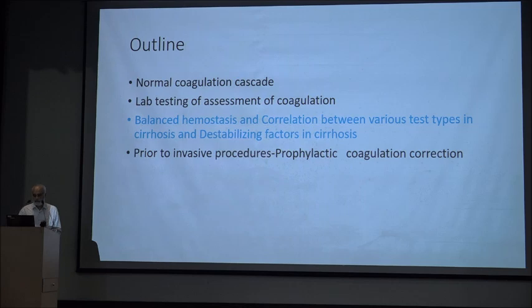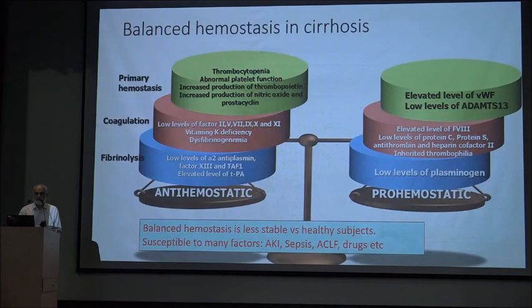Now let us see how the hemostasis is balanced. So we can see that hemostasis is balanced in cirrhosis. For example, in primary hemostasis, anti-hemostatic factors are thrombocytopenia, abnormal platelet function, induced production of thromboxane, and others which inhibit primary hemostasis. Whereas on the other hand, elevated levels of von Willebrand factor and low levels of ADAMTS13 are pro-hemostatic for the primary hemostasis.